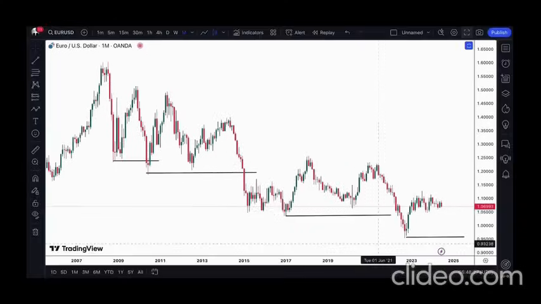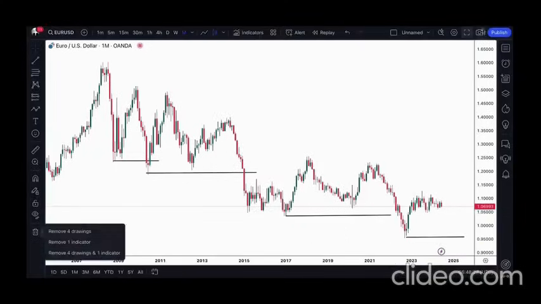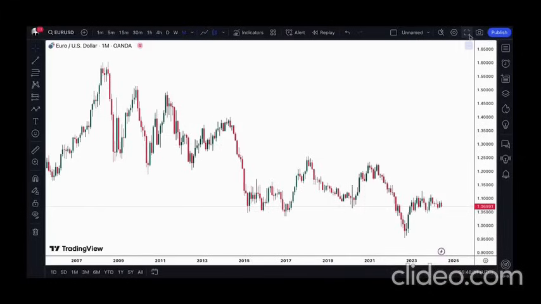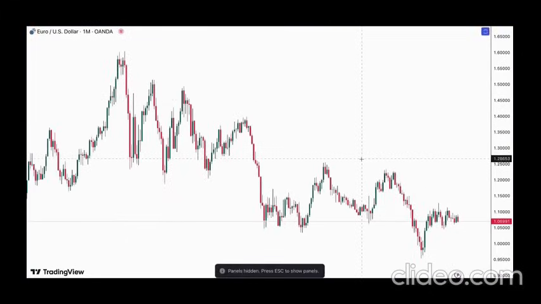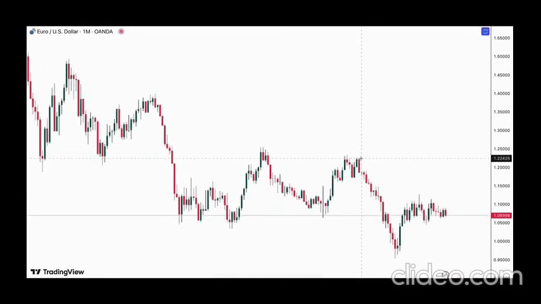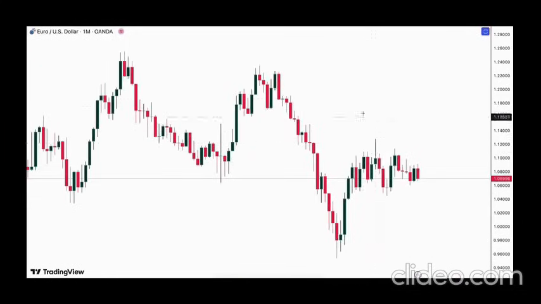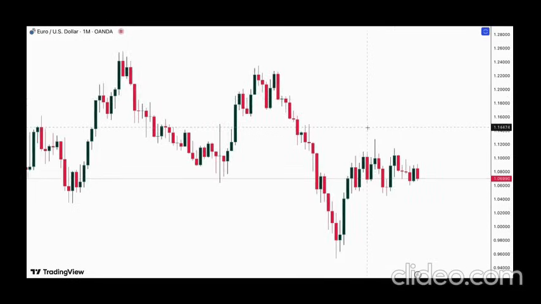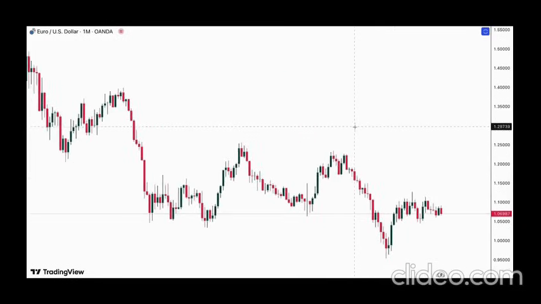So let us use other tools, guys, so that we can determine the trend of this Euro USD from this monthly time frame. Let us come to this most recent part of the chart. As you can see here, there was a resistance that made this market bounce several times.